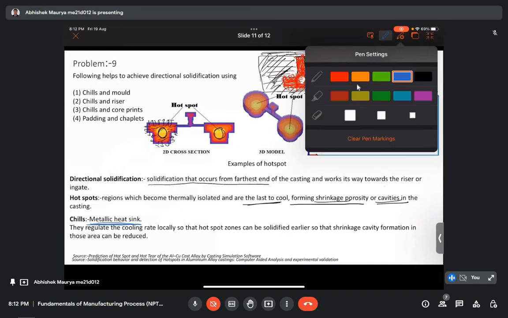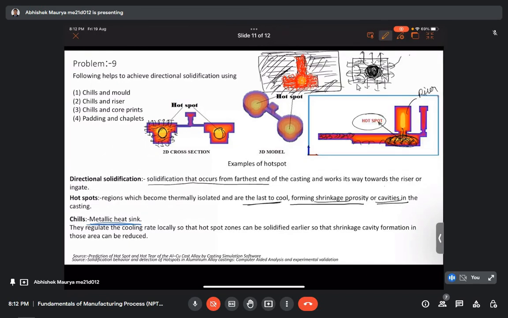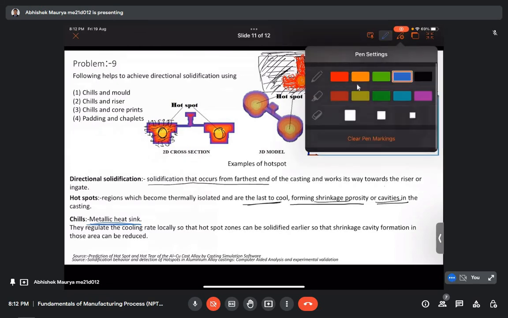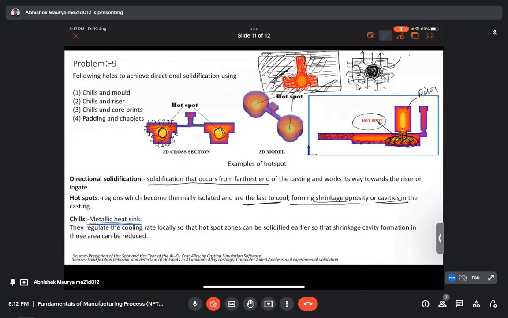This is the region where solidification would happen at the end, but if we want to quickly solidify this region, then we have to remove the heat from this zone.